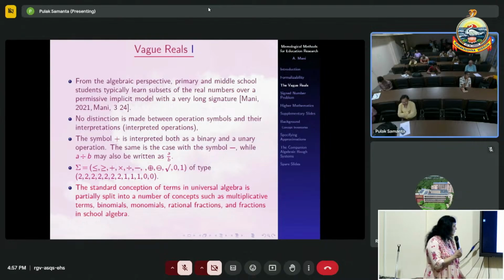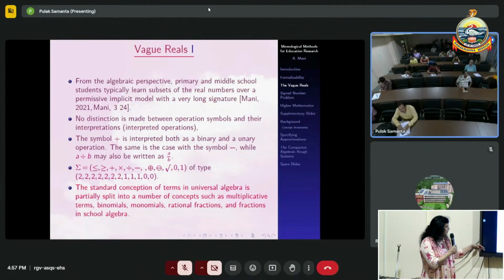And one can further note this: the standard conception of terms in universal algebra is partially split into a number of concepts such as multiplicative terms, binomials, monomials, rational fractions, and fractions in school algebra. While from a universal algebraic perspective, all these are just terms.